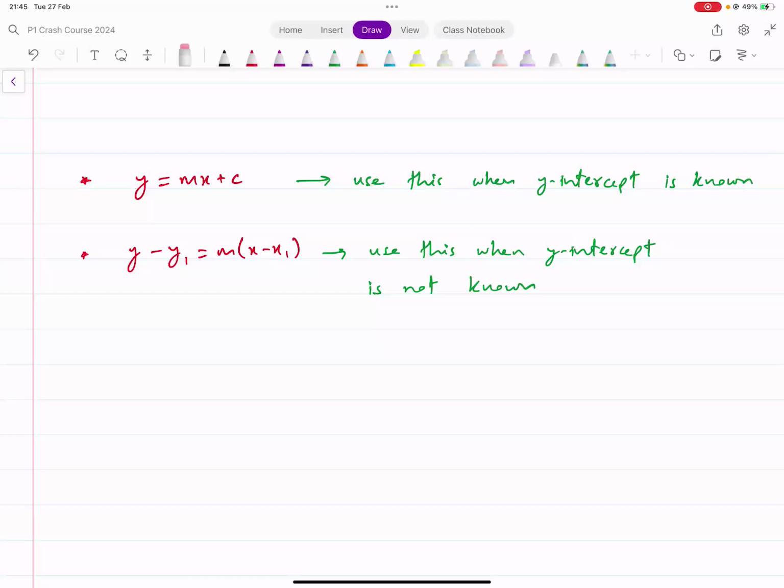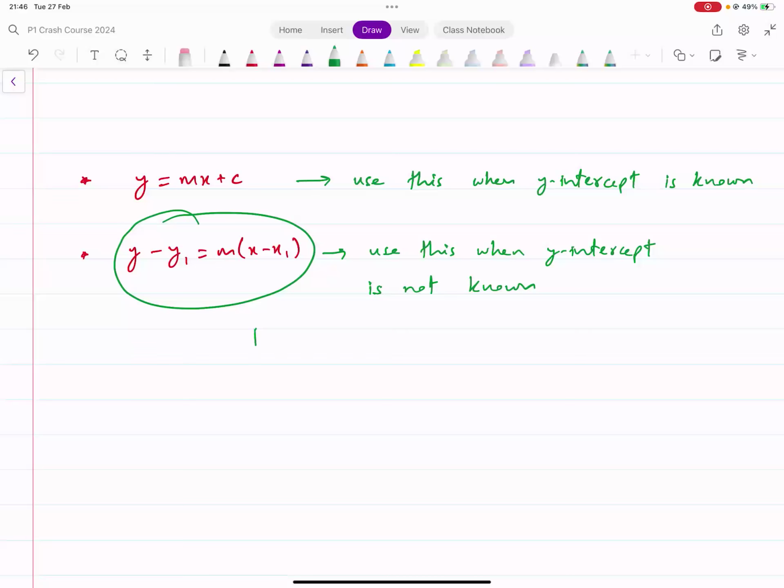So, sir, we could use both forms to find the same thing. Yes, you can use any of these two forms to find the equation of a line. The first one is more efficient when the y-intercept is known. The second one is more efficient when the y-intercept is not known. And in most of the problems that we will be dealing with, the y-intercept would not be known.